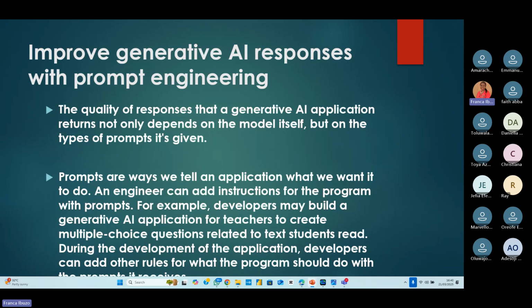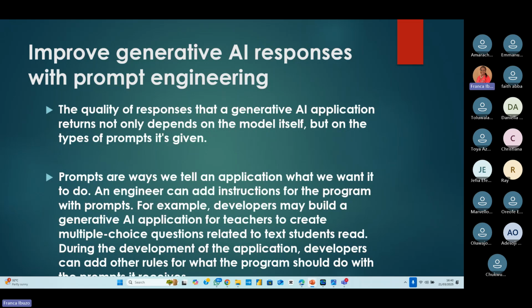So an engineer can add instructions for the program with prompts. For example, developers may build a generative AI application for teachers to create multiple choice questions related to tech students. So during the development of the application, developers can add other rules for what the program should do.